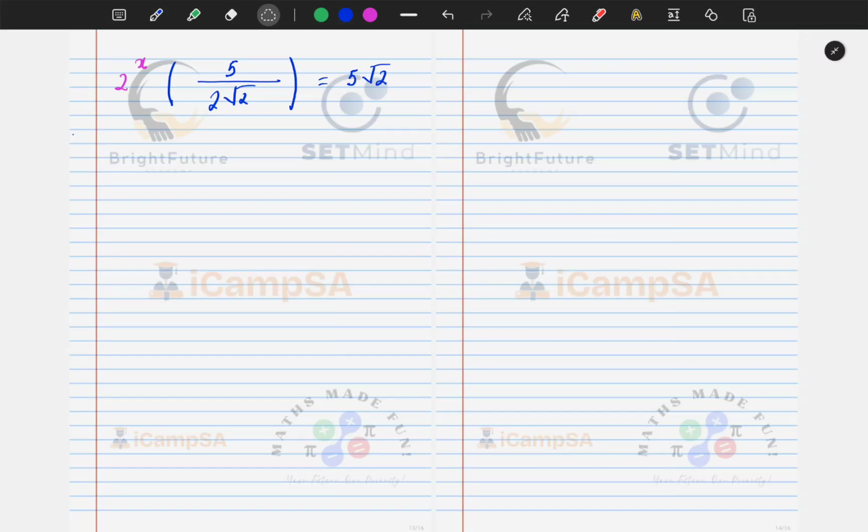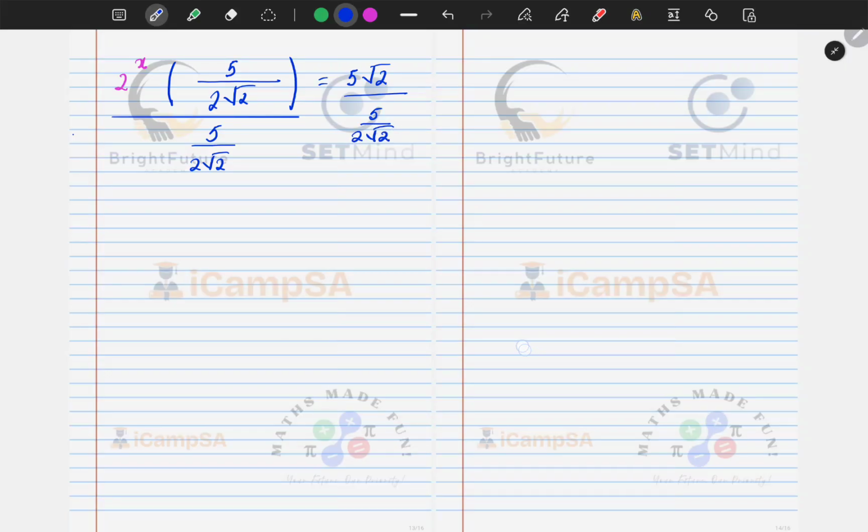Now I can just divide by 5 over 2 root 2 on both sides, so that I'll be left with 2 to the power of x only. So I am going to divide by 5 over 2 root 2 on both sides.